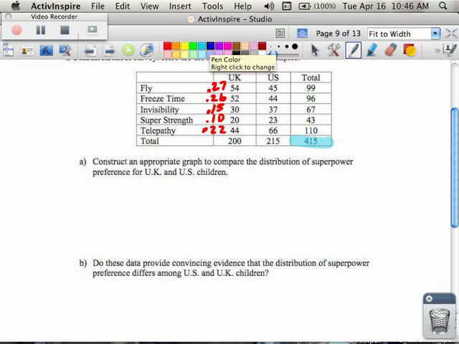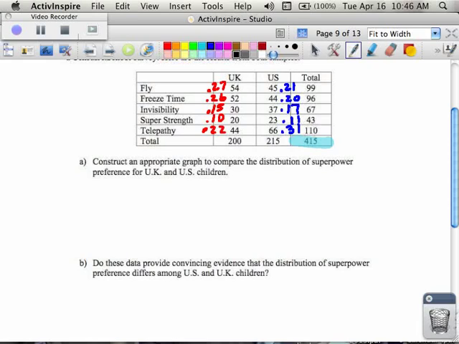And then for the US, I get 0.21, 0.20, 0.17, 0.11, and 0.31. And what I'm going to do is compare the UK versus the US for their distribution.